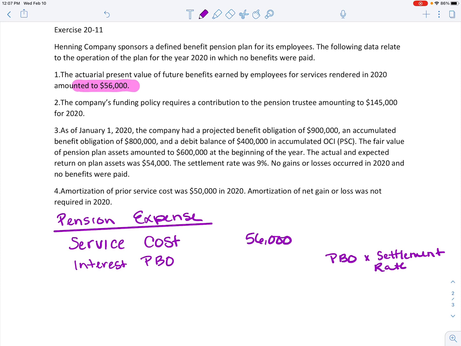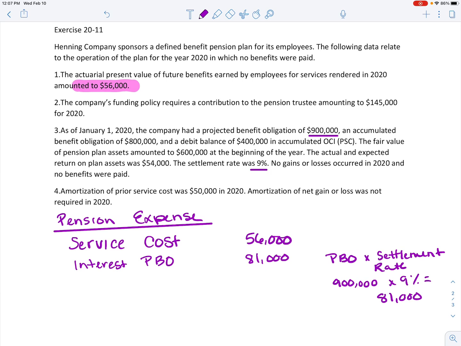So here they tell me my projected benefit obligation is $900,000 and I know my settlement rate is 9%. And that's going to equal $81,000. So my interest would be $81,000.